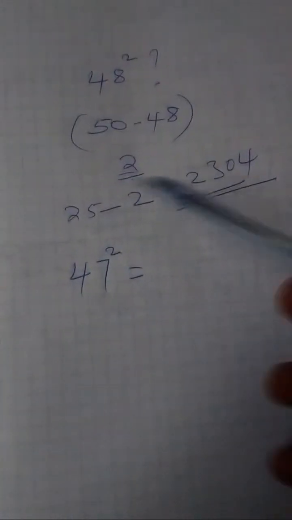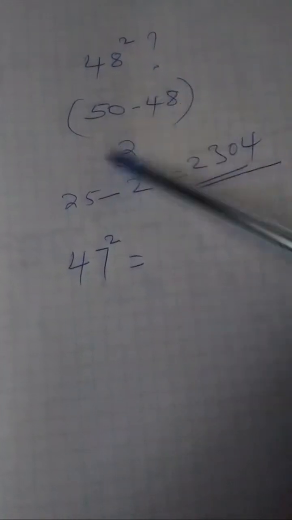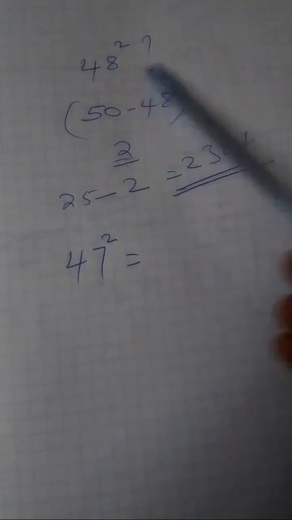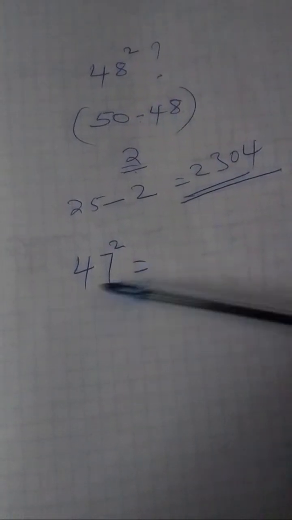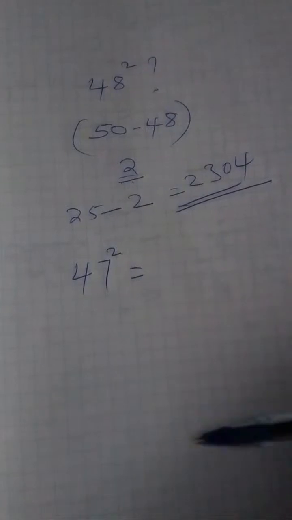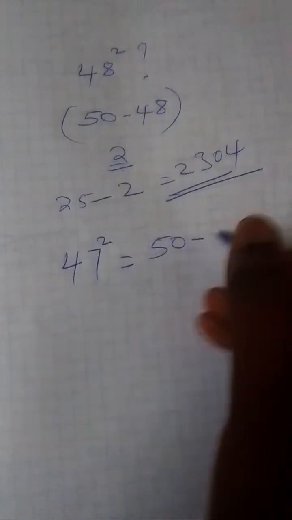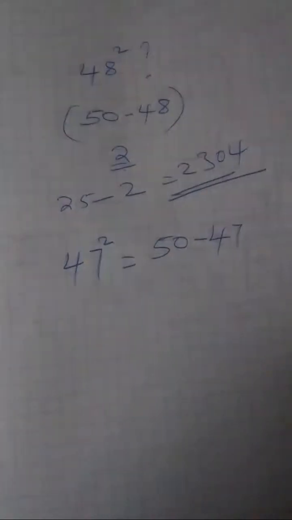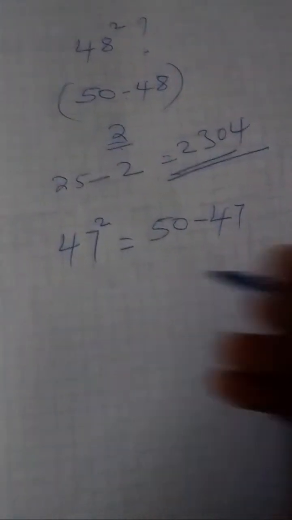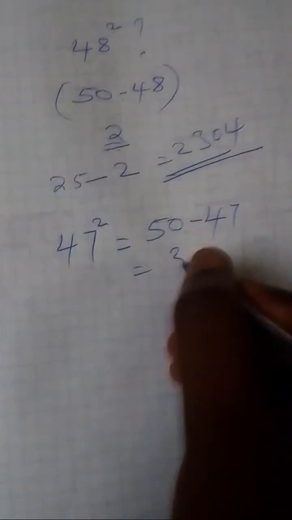Let's work out another one, the square of 47. So what is 47 squared? I want us to use a similar formula to the one I used on this one. So for 47 squared, we shall have 50 again as the bigger number, subtract 47. Once we do that, what shall we have? We shall have 3.